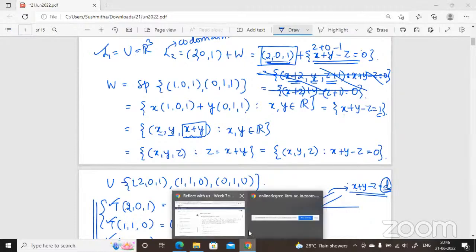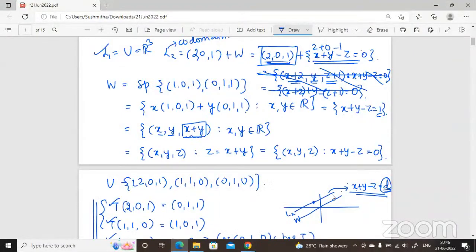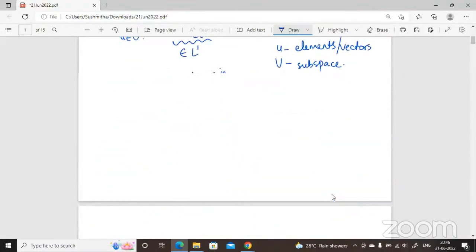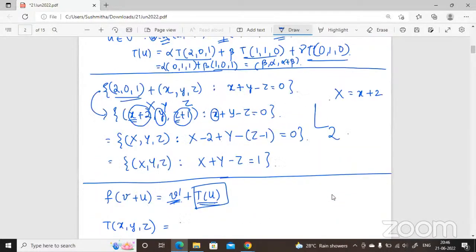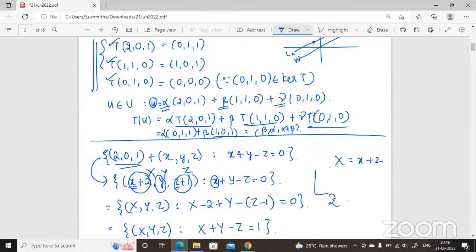One small question. First we are finding T of u, then again we are finding T of x, y, z. See, by finding T of u, I have to express this u as alpha times 201 plus beta times 110 plus gamma times the third vector.